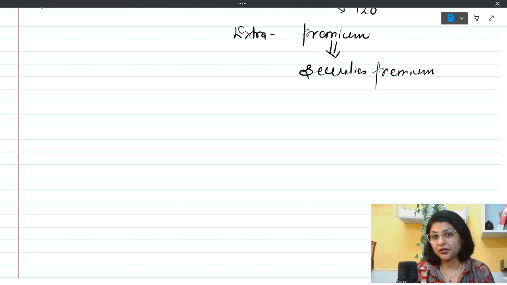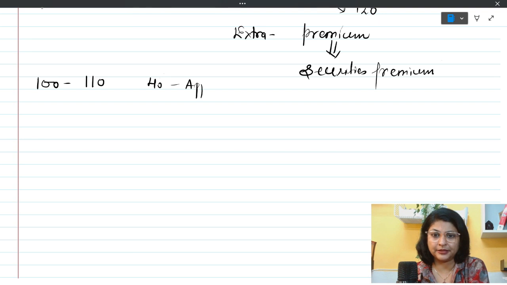I'm talking about those entries where the company is asking for the amount in installments. Let's say a 100 rupees share is issued for 110, and the company is asking for rupees 40 at the time of application, and rupees 30 at allotment, which is 20 plus 10.